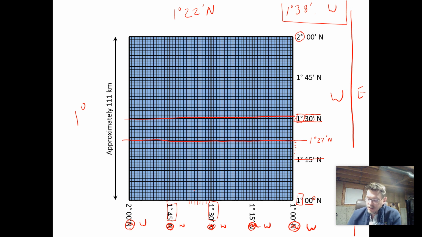So about right in the middle. That would mean I'd be on this meridian right here, and where they crisscross, that's where I'm going to be. So by giving my latitude and longitude with a smaller known standard unit called a minute, I can be much more precise. What you have to remember is there's 60 minutes in a degree.